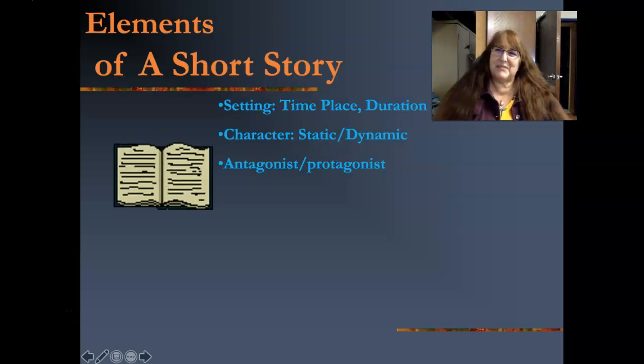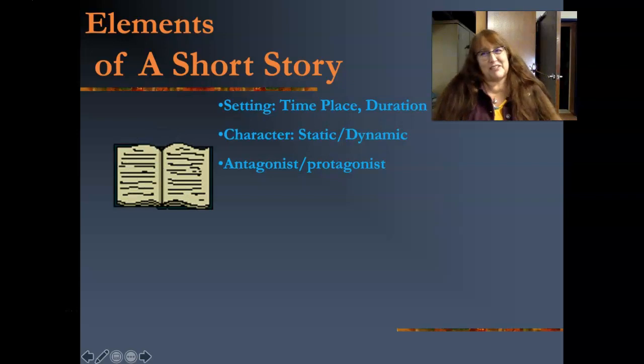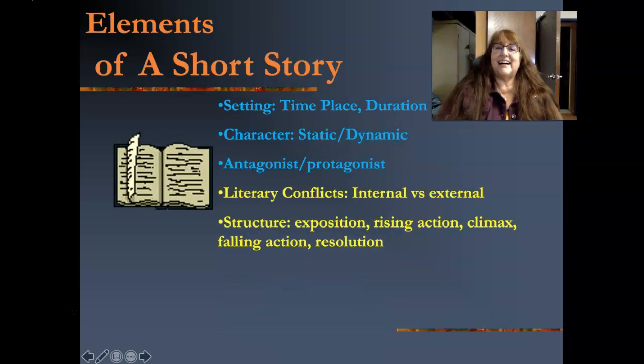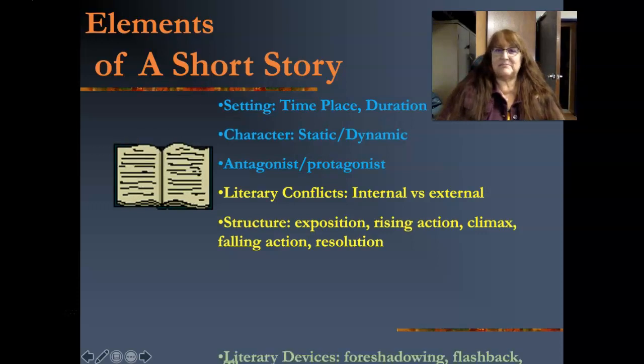So some of the elements of a flipped classroom and also of a short story are setting, which equals time and place and duration, characters, which are static or dynamic, antagonists, protagonists, literary conflicts, which are internal and external, structure, exposition, rising action, climax, falling action, and resolution.